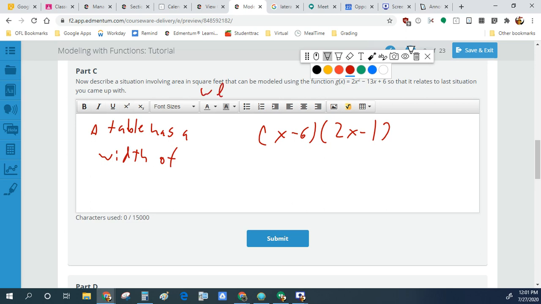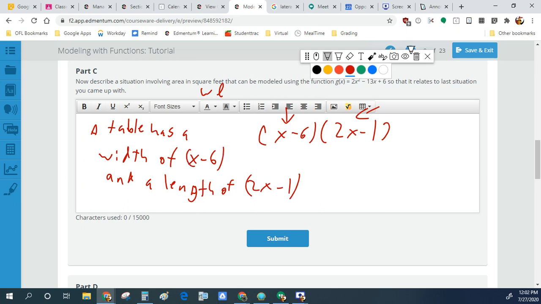W times L, or whichever way you want to do it. I'm going to assume that this one is smaller than this one over here because it's not being multiplied by 2 and you're taking away 6 instead of taking away 1. So it's going to have a width of x minus 6 and a length of 2x minus 1.